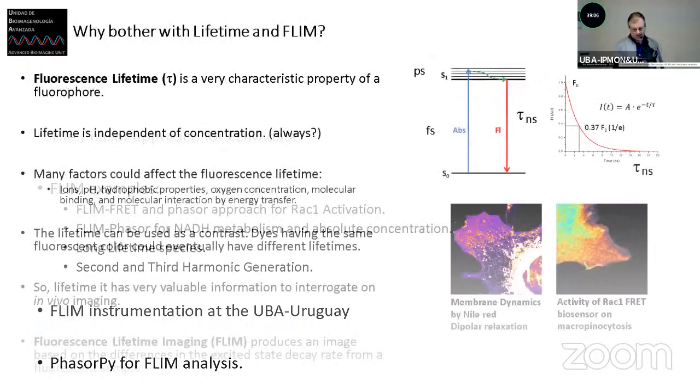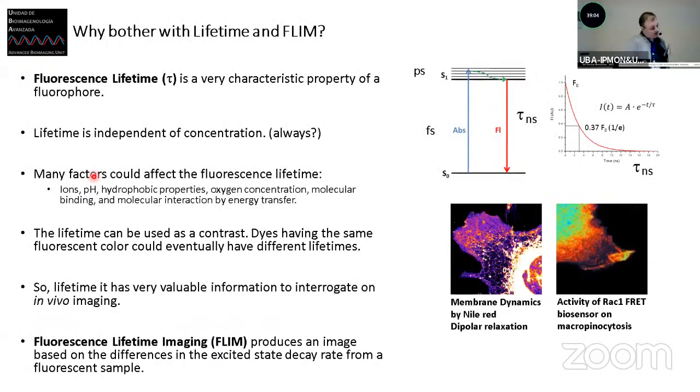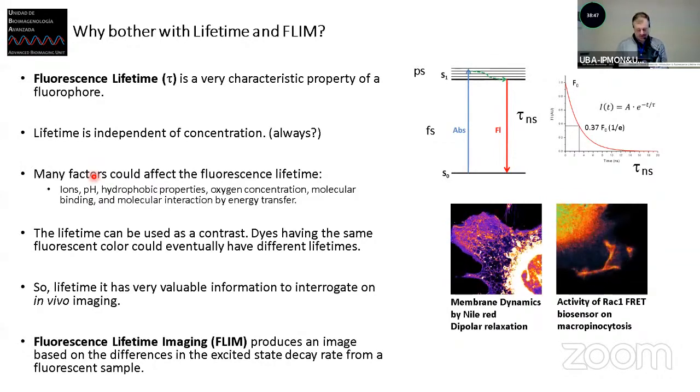So, this is the outline. Why bother to measure lifetime? And I think they already made the case. The first claim for why lifetime is important is that we have a very nice measurement that is independent of the concentration.